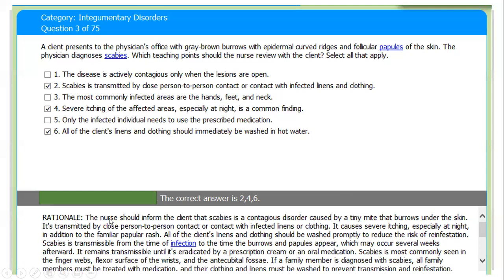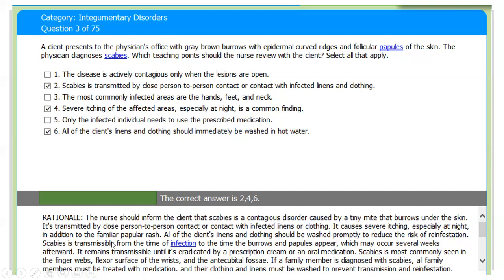The rationale says the nurse should inform the client that scabies is a contagious disorder caused by a tiny mite that is under the skin, and it is transmitted by close person-to-person contact or contact with an infected person's clothing. It causes severe itching, especially at night.